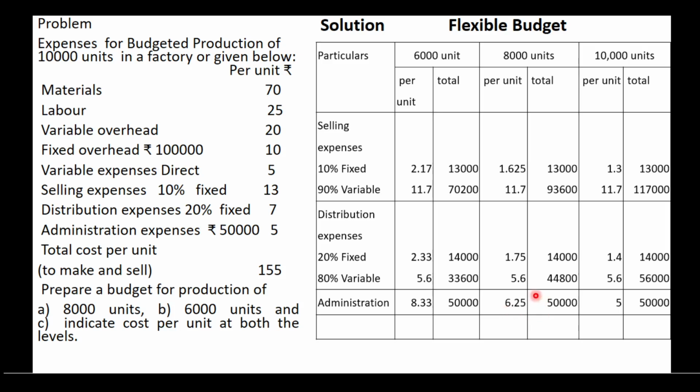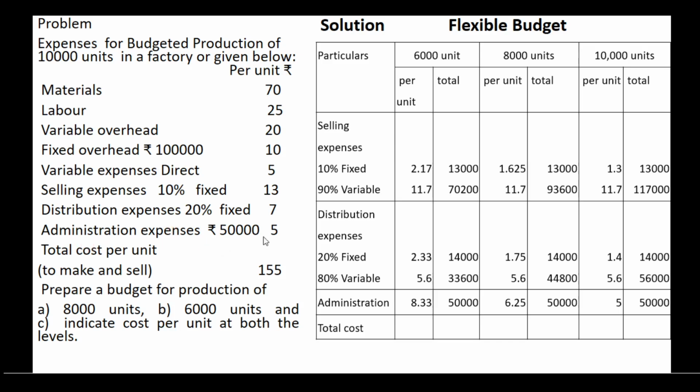So that is 6.25 rupees. So this is the administration expenses. And the next, the last one, the total cost. Here we take the total of variable and fixed. So all expenses: the material, labor, variable overhead, fixed overhead, variable expenses, selling expenses, distribution expenses and administration expenses.